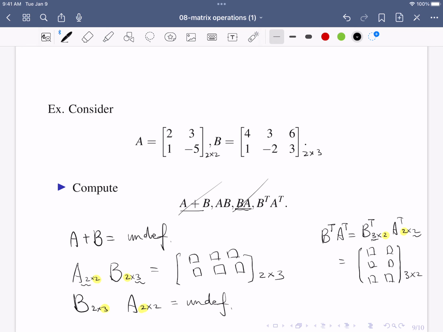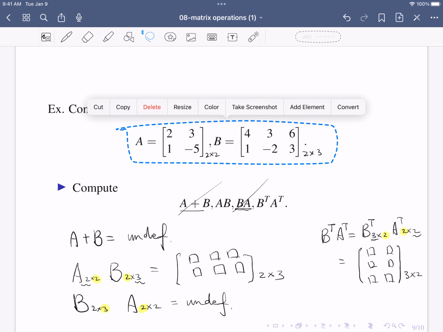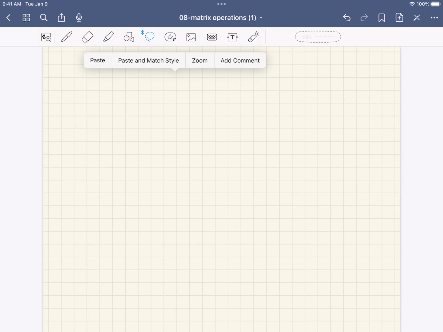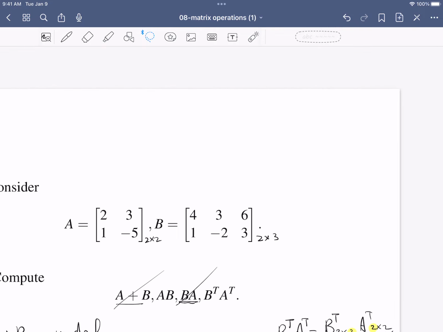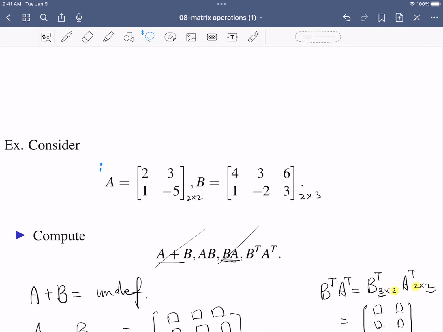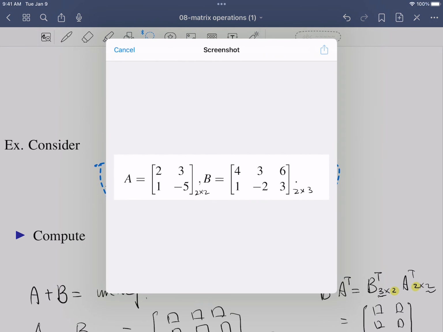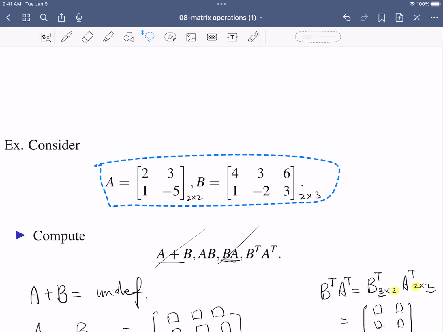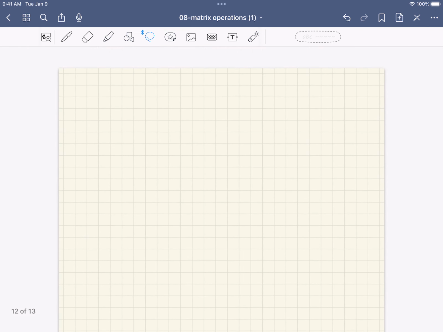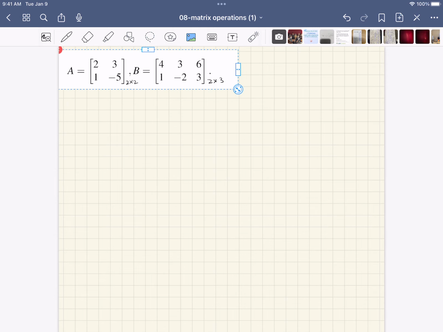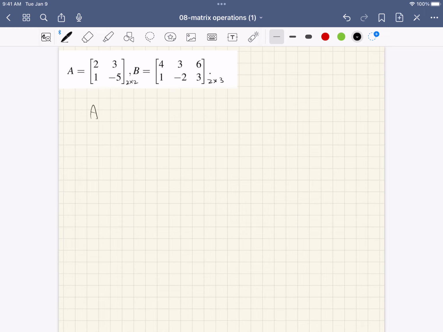But for AB, so for the next slide, I'm going to compute AB.